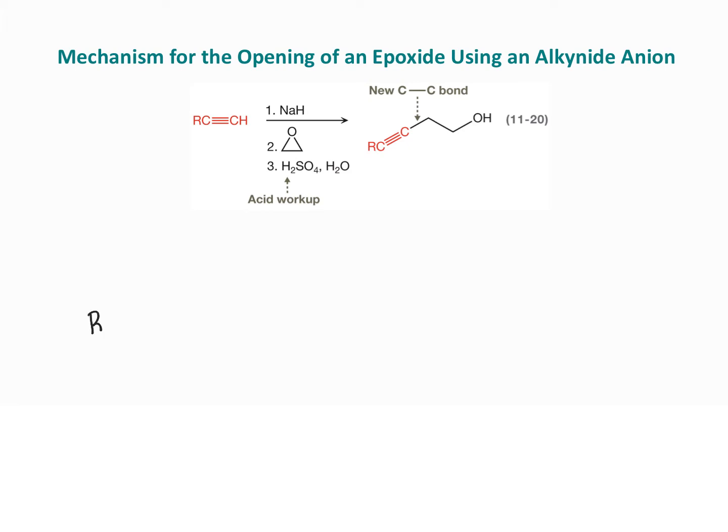And this is really combining a mechanism that we've already looked at. Okay. So the sodium hydride leaves us with just a hydride ion, right? The sodium is a spectator ion. The hydride is going to steal that proton, and those electrons are going to go back on that carbon. This is a proton transfer step. Okay.